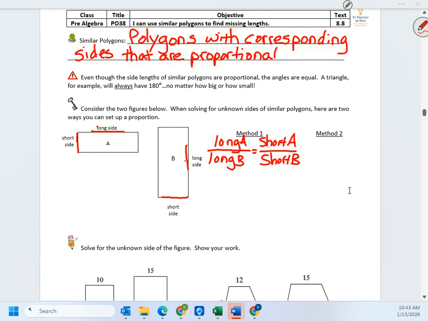The A's line up with the A's, the B's line up with the B's. Longs and shorts always line up, A's and B's always line up. So you're going to write out long A over long B. And long A goes on top, so short A is going to go on top. You have to match them up the same.